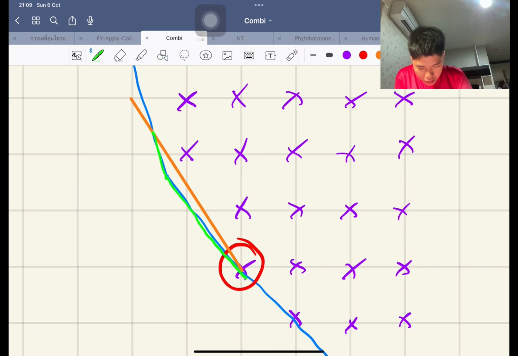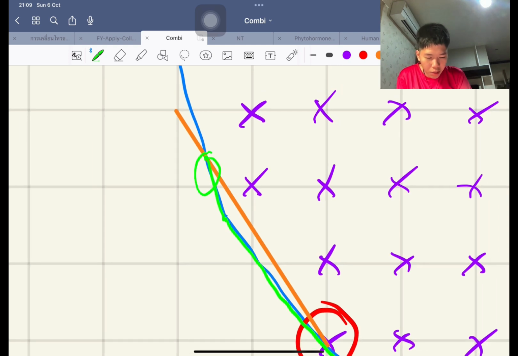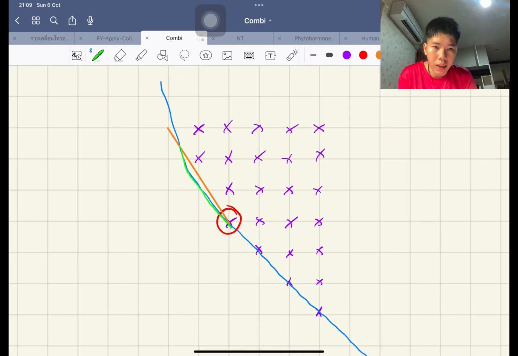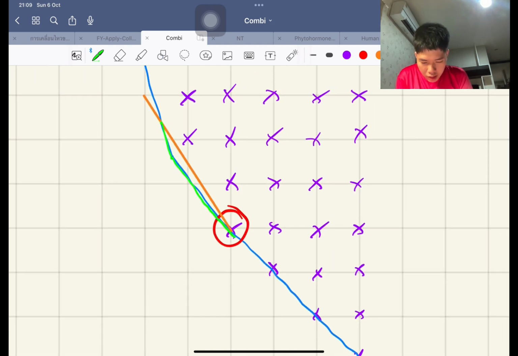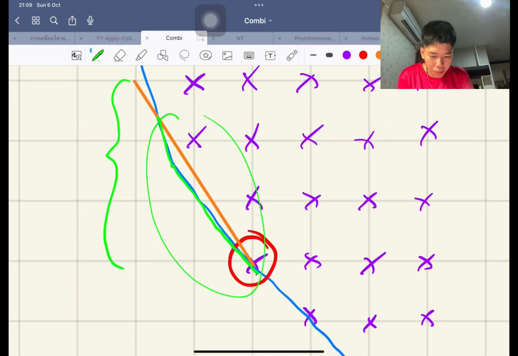Notice that the gradients on the last segment here has to be greater than that of the orange segment over here, which means that the orange segment has to be within this green section of our broken line, which is not possible because this orange segment has a greater difference in y coordinates than this entire segment does.